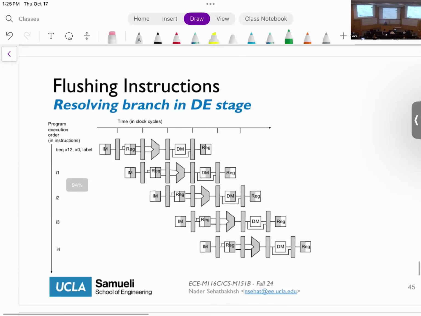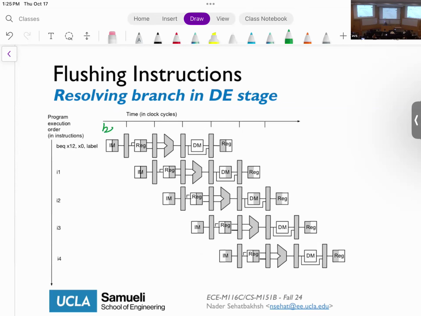So again, what happens here is that, remember this was BEQ, and this was I1, and this was I2, and this was I3. And remember, at this point here, that BEQ was in the mem stage, we knew that we made a mistake, so we discard 3 instructions.